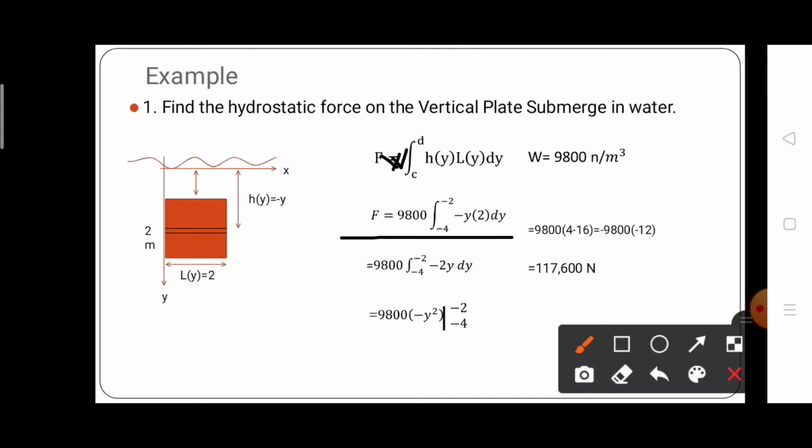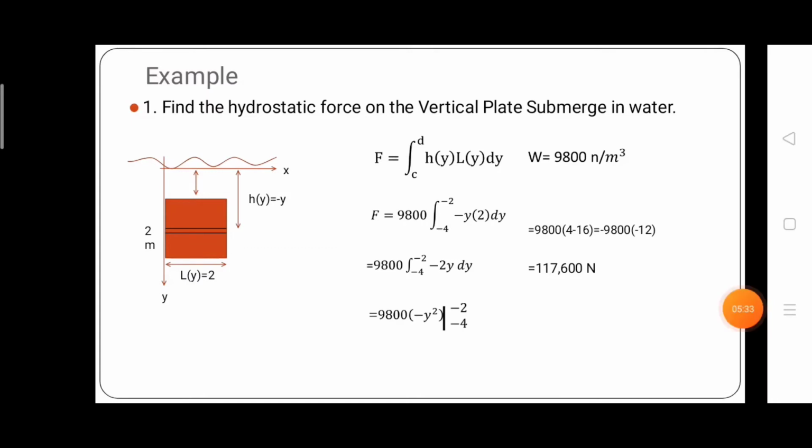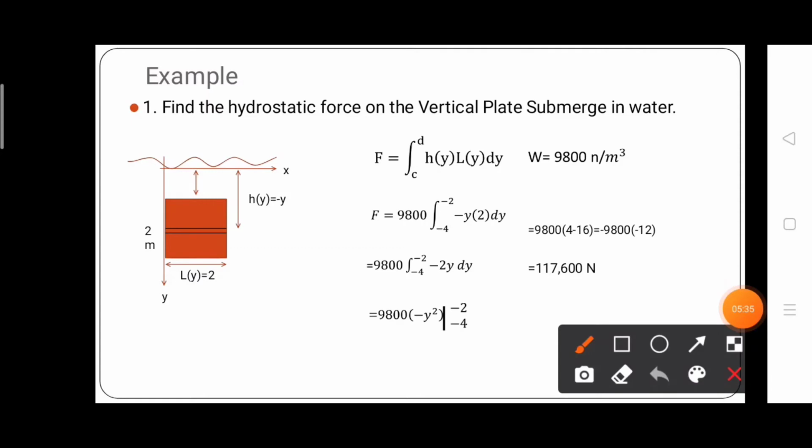Why do we have -4 and -2? Because here in our illustration, as you notice, guys, we have 2 meters here, 2 meters here, and 2 meters as the side of the square, with a point here and a point here.